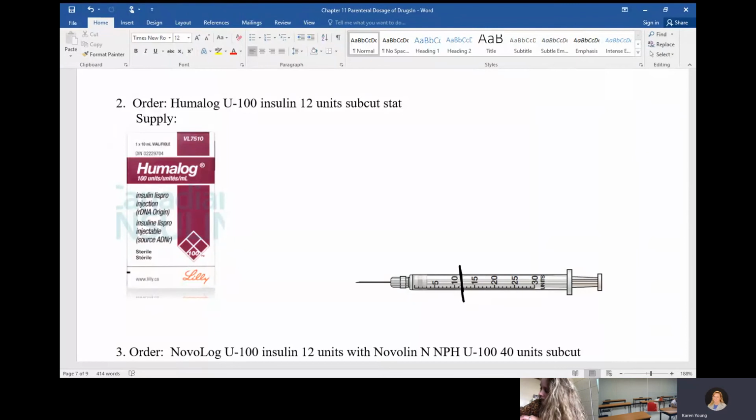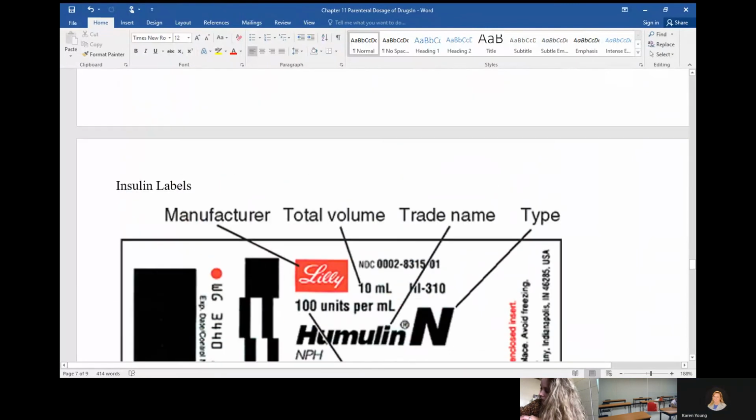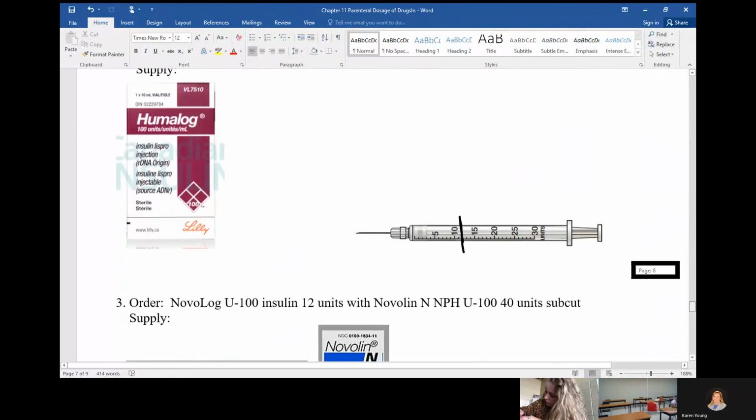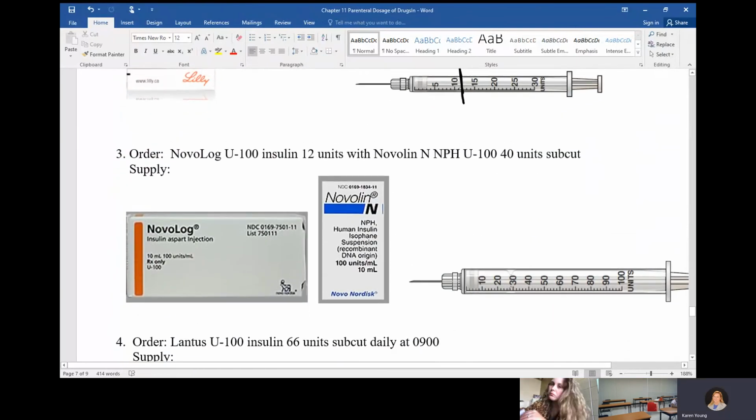This next one, we're going to actually do a little math on. Okay, the doctor's ordering 2 different types. He's ordering Novolog U100 insulin, 12 units, with Novolin N NPH with 40 units.